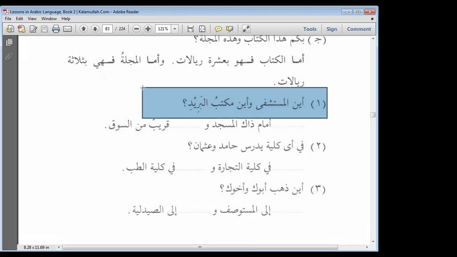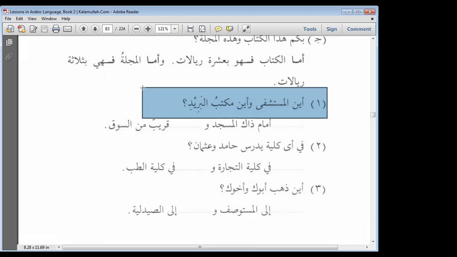Not cool office. Means a post office. Okay, maktabul barid. Right? Post office.